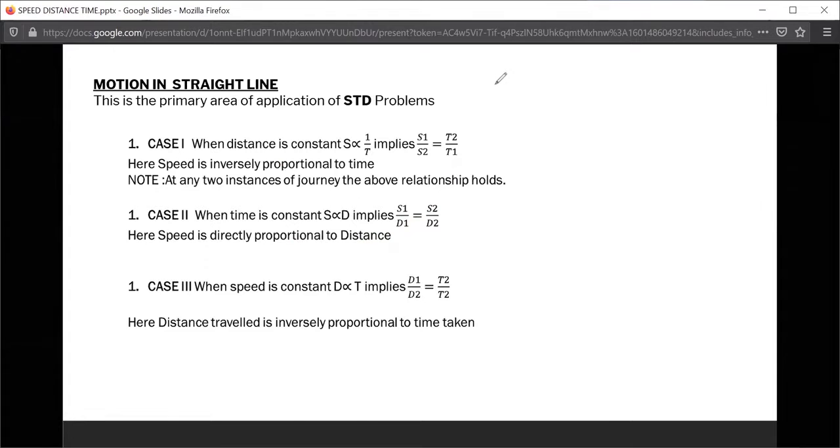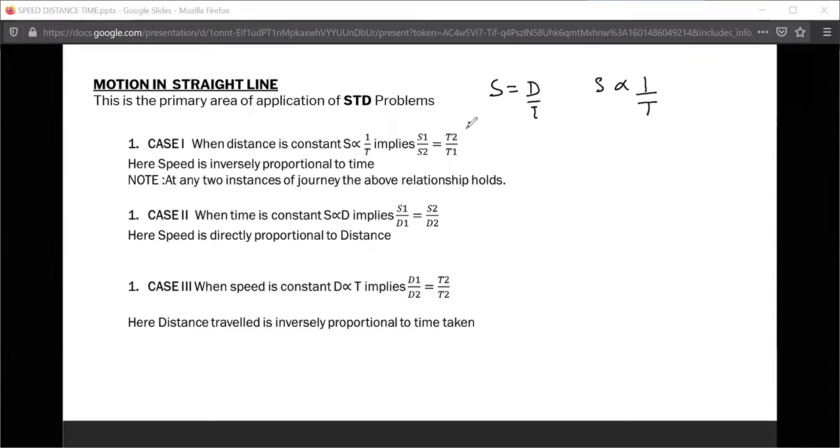Remember the formula S equals d by t. So speed is inversely proportional to time. What does it mean? For a constant distance traveled, if time taken is more, the speed has to be less and vice versa.